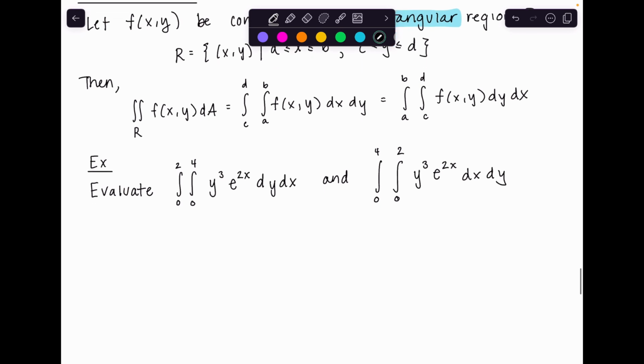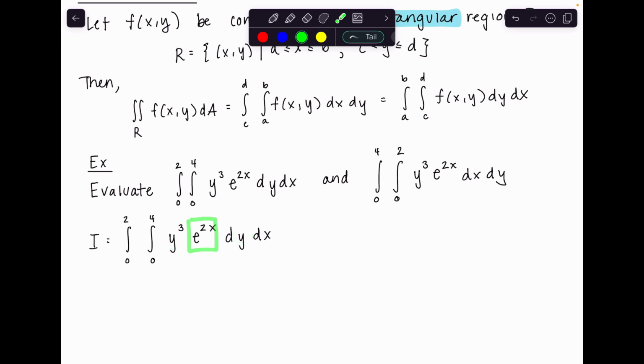So I'm going to start with my first one. I like to call these I because, again, we're going to have to be writing a lot of equal signs, and it's tedious to have to keep bringing this integral down. So we just call it I. So when I'm going about this, again, I'm starting with this inside expression, integrating with respect to y.